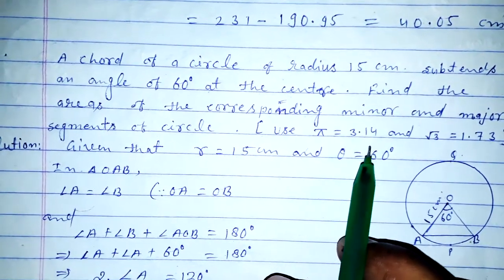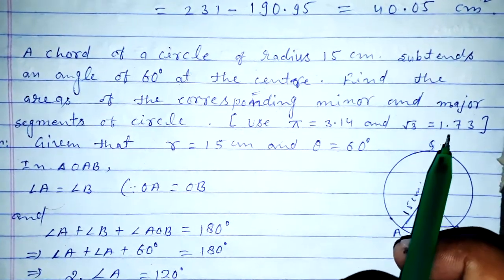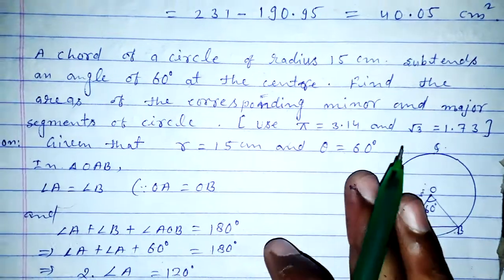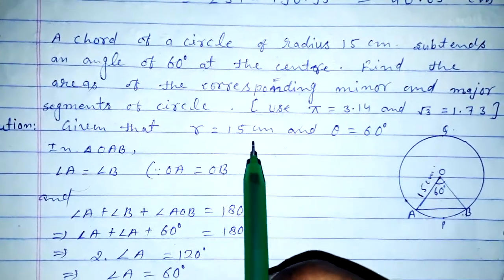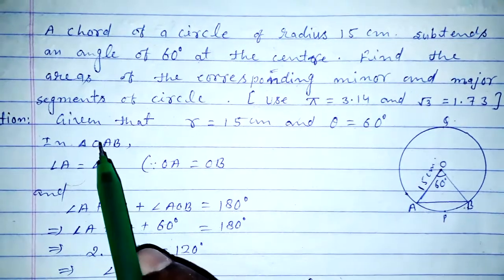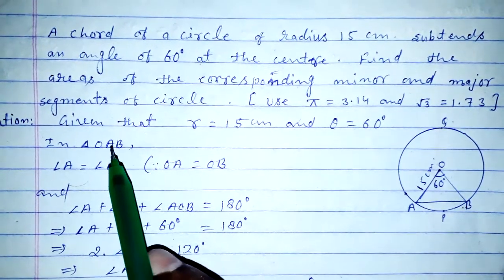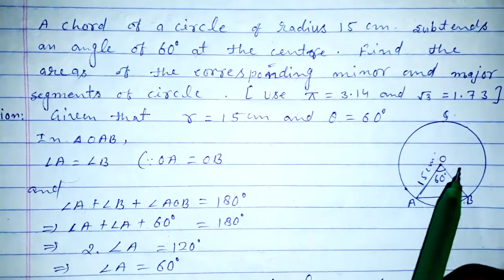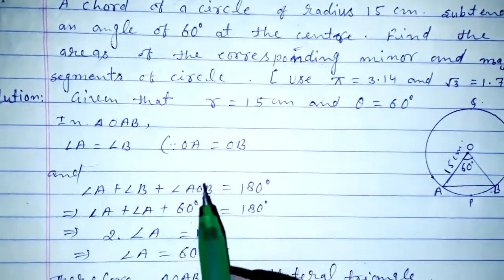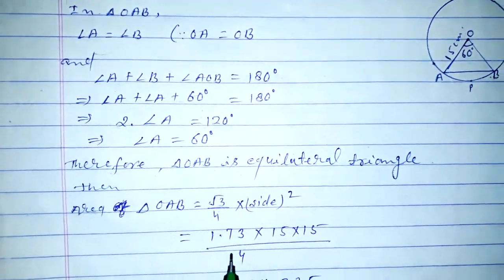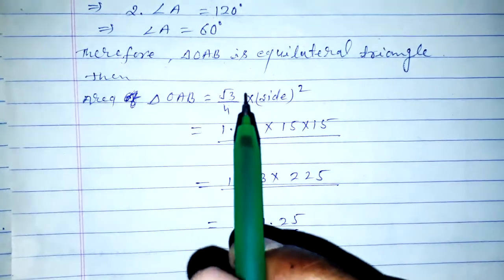Here use pi is equal to 3.14 and root 3 is equal to 1.73. Given that r is equal to 15 centimeter and theta is equal to 60 degree. In triangle AOB, same process as in previous question. And also find the area of triangle.